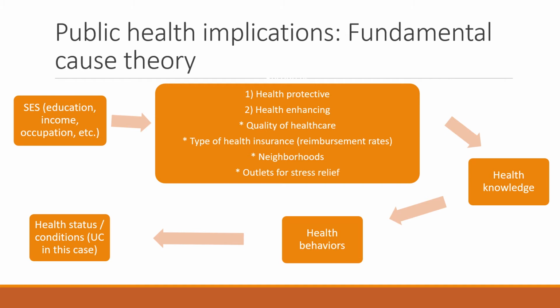Our socio-economic characteristics also determine the quality of healthcare we are going to get. Our socio-economic resources determine the type of health insurance we have access to, including the reimbursement rates. Our socio-economic characteristics determine where we can or cannot afford to live.